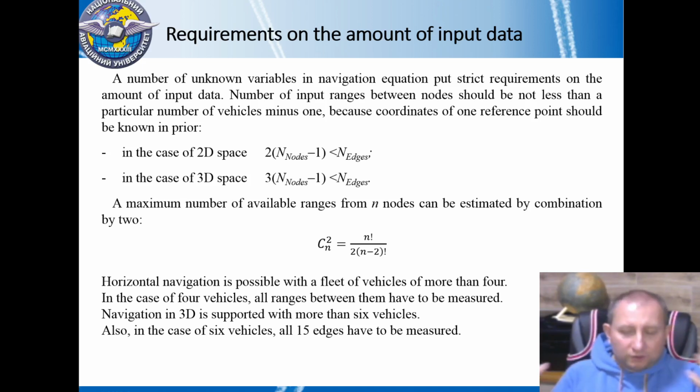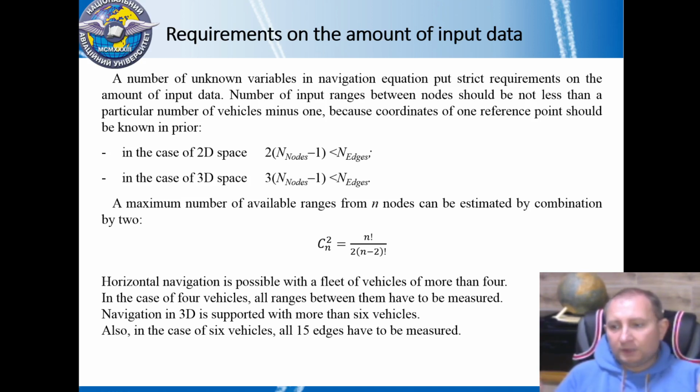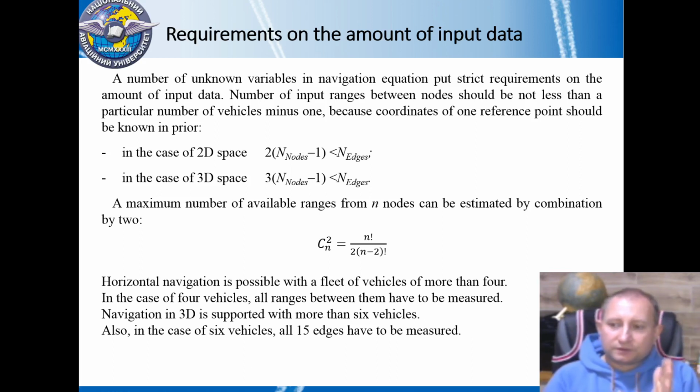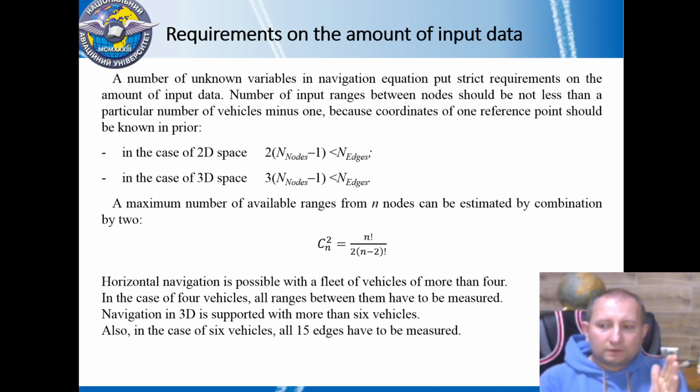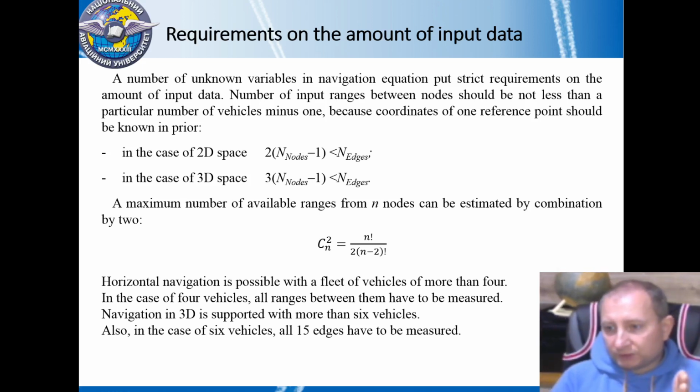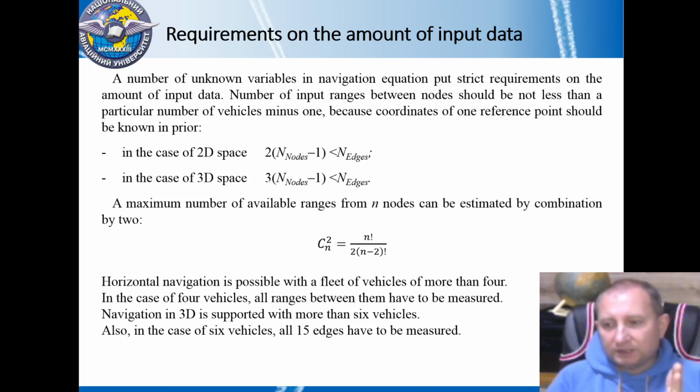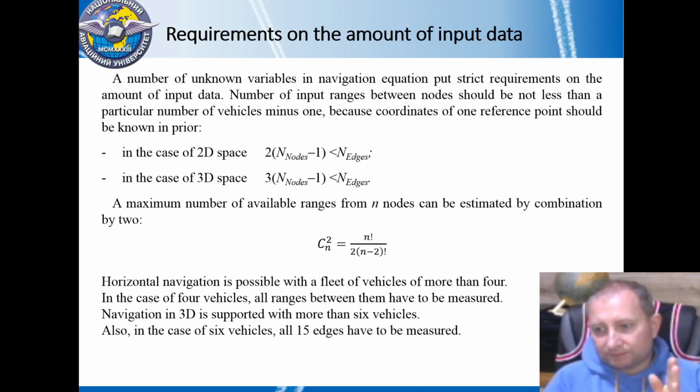If we don't know the location of any vehicle, we locate our reference frame at the center of our vehicle formation. That's why the coordinate of one vehicle can be associated with the reference point of our coordinate system.